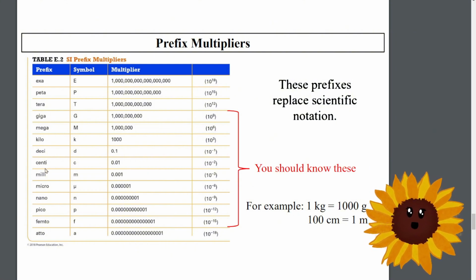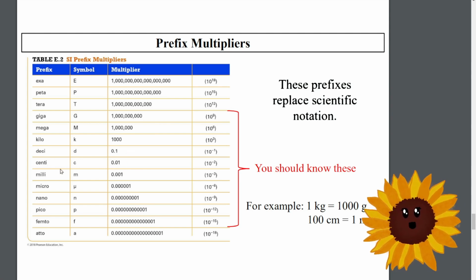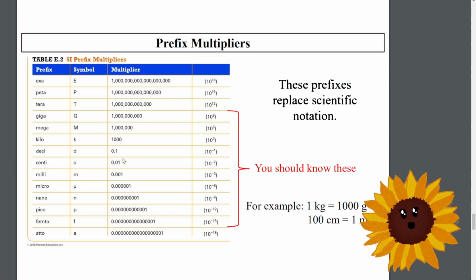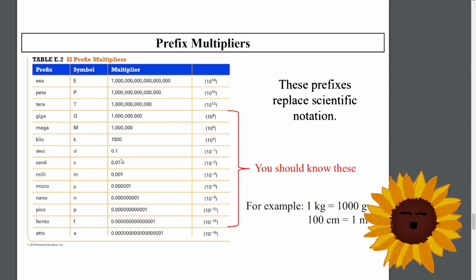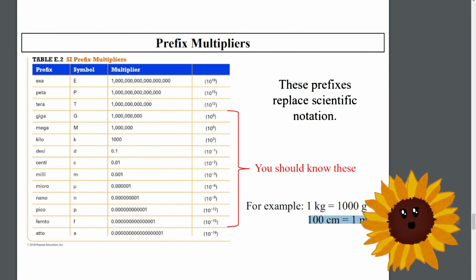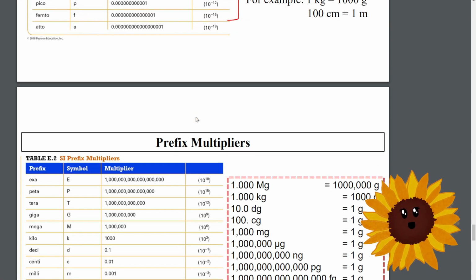So we should already be familiar with some of these, like centi represents like 100, right? So in this case, centi is put here as making it a smaller one, but we also know that centi can represent 100 usually. A milli represents 1,000 millimeters in 1 meter. So these are all prefixes, which means it comes before the word.